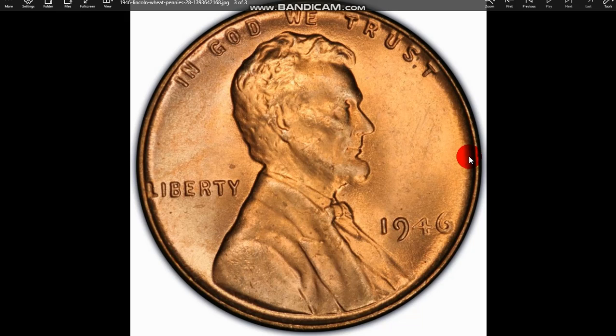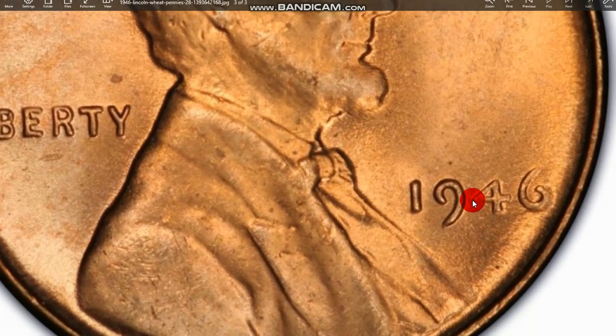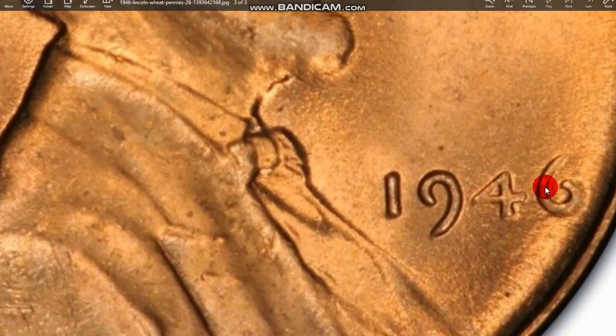Some Lincoln cents, like this 1946, are known for the date being struck weakly due to either a design issue or maybe it got filled in with a grease-filled die.